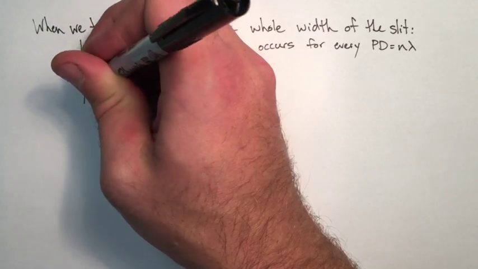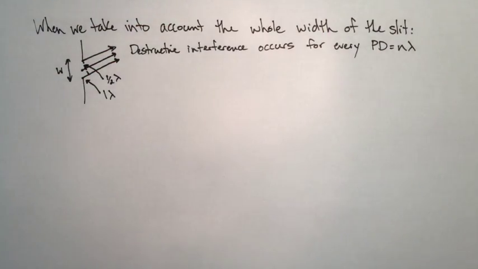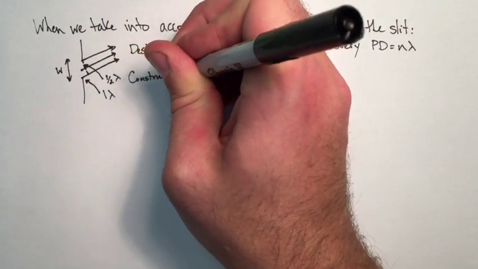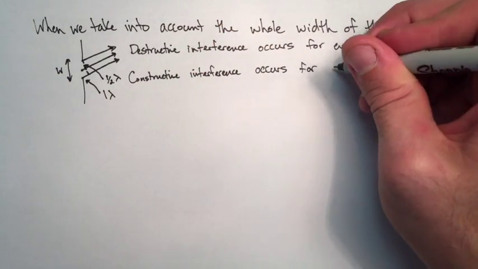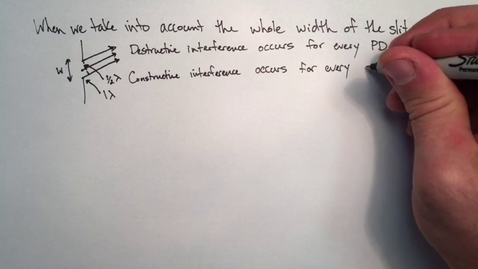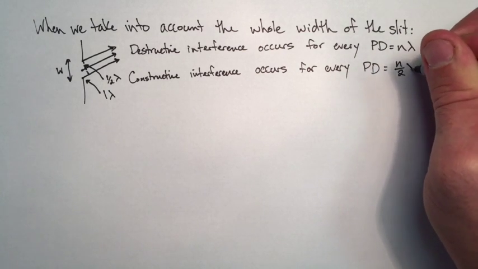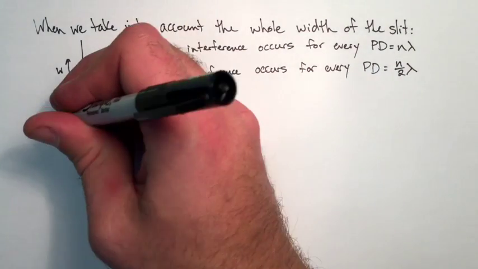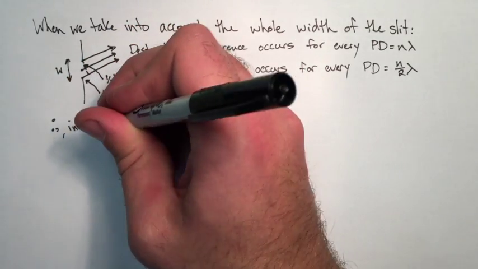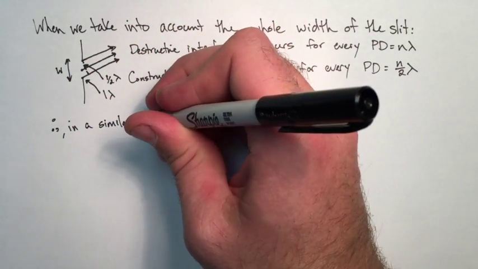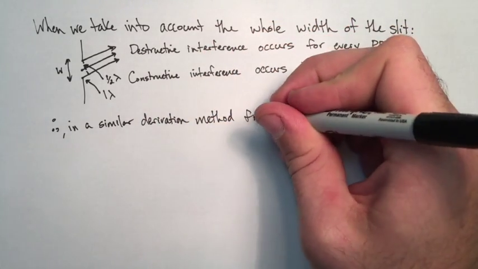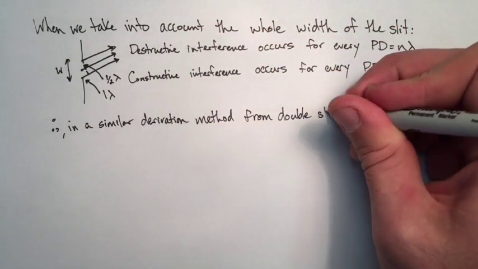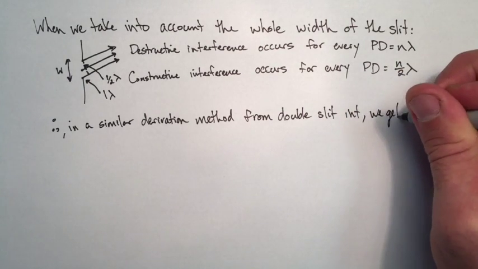We saw that destructive interference halfway was half a lambda, so the full width is going to produce a 1 lambda destructive interference. This means that constructive interference must occur for every half lambda, or every multiple of a half lambda path difference. Therefore, if we use a similar derivation method from the double slit interference pattern, we're going to get these two formulas below.